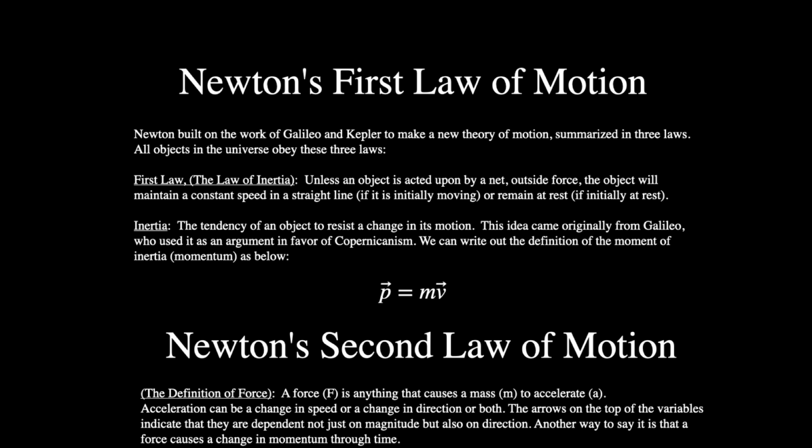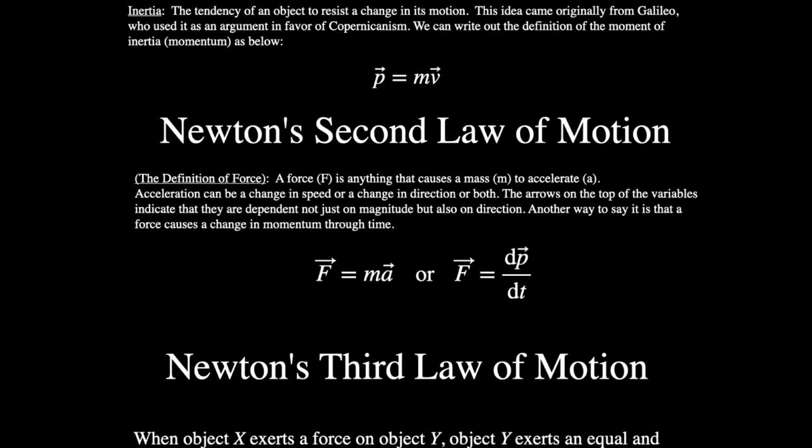We can define inertia with p arrow equals m v arrow. That's the momentum. And this momentum is what's going to change with the second law of motion. So the definition of a force is something that causes a mass to accelerate.